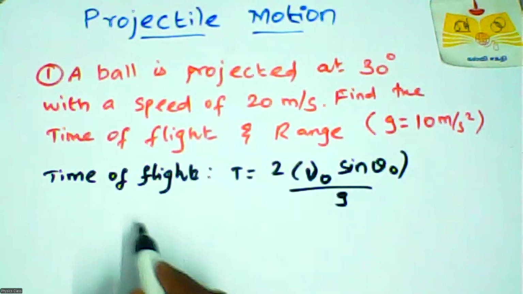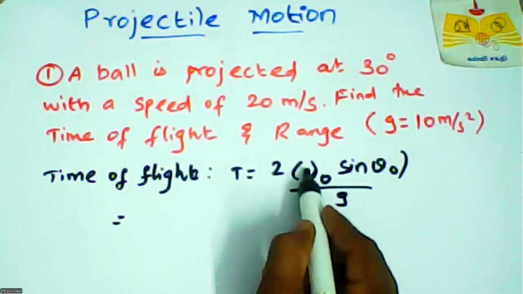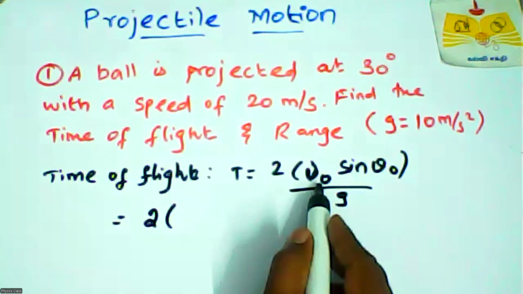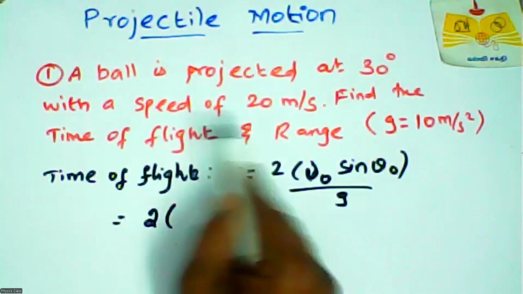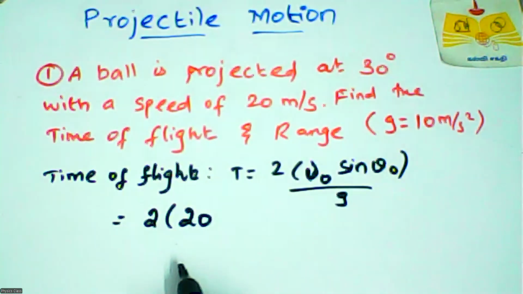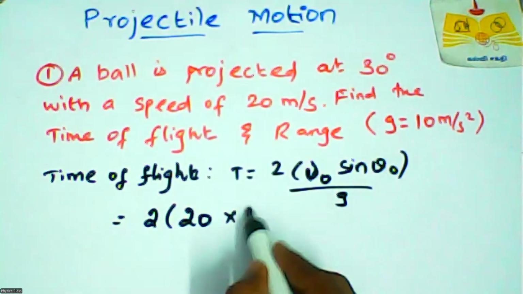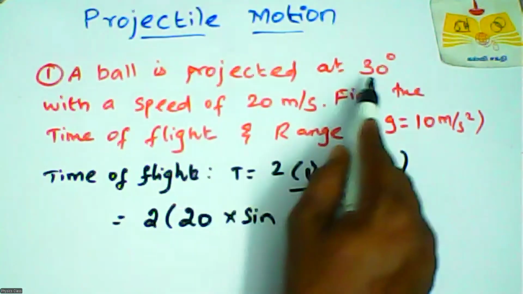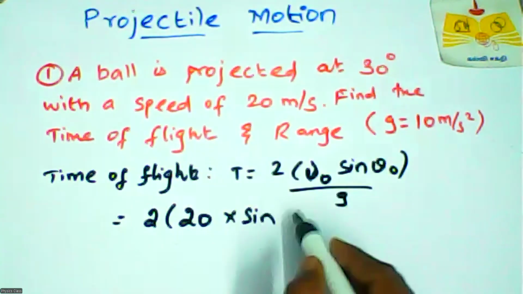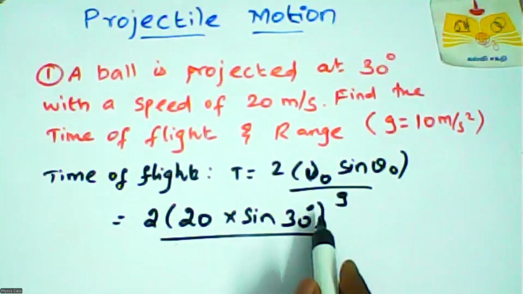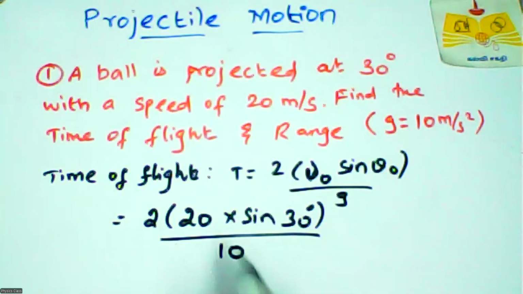Here V naught is the initial speed, so with a speed of 20 meter per second, we can put 20 here. Theta naught means the initial angle, so 30 degrees is the initial angle. We can put 30 degrees here, divided by g, taken as 10.